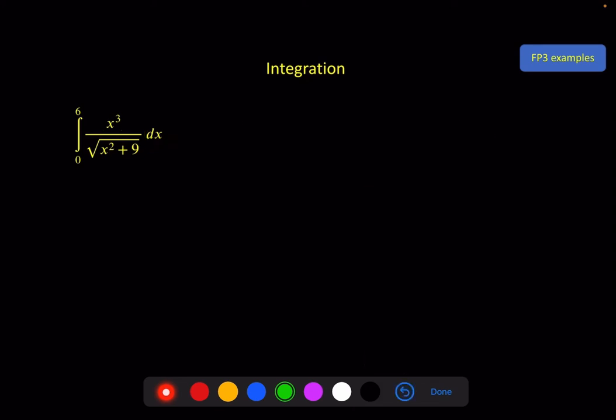So what I would then do is go back and think, what else do I know? I know that if I do sinh squared plus 1, that gives me cosh squared. So if I'm square rooting this, that'll give me a cosh. And if I differentiate sinh, I get cosh.